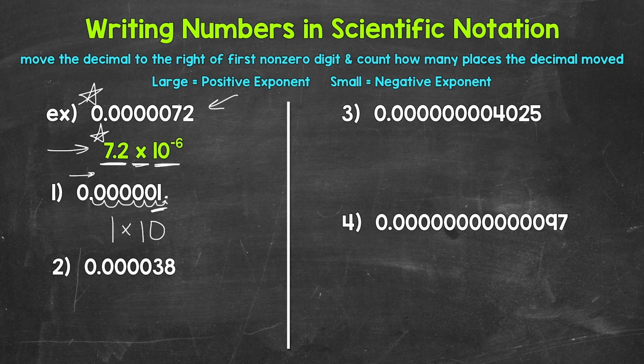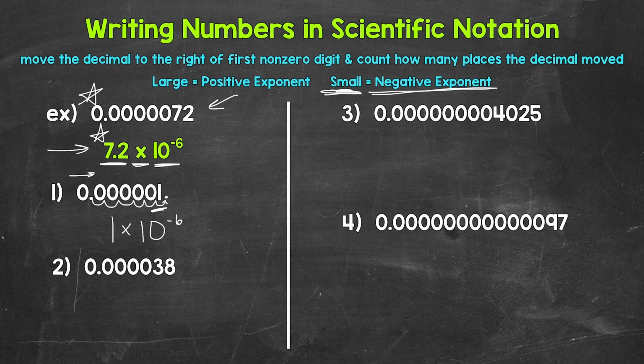So what power of 10 here? Our exponent is going to be how many places we moved the decimal. And since we are working with a small number here, this is going to be a negative exponent. Well, we moved the decimal 6 places, so our exponent here is going to be negative 6.